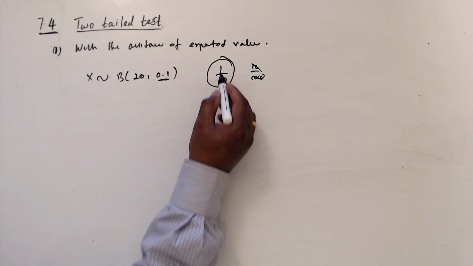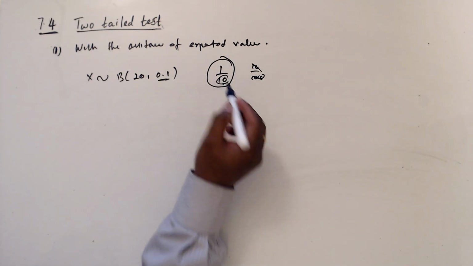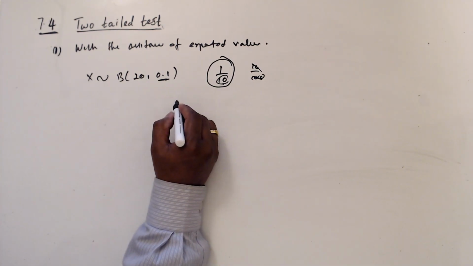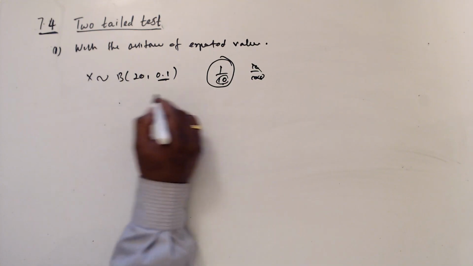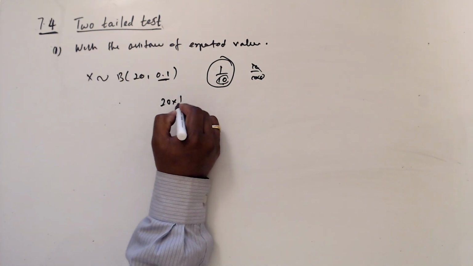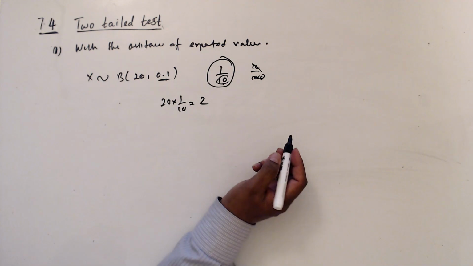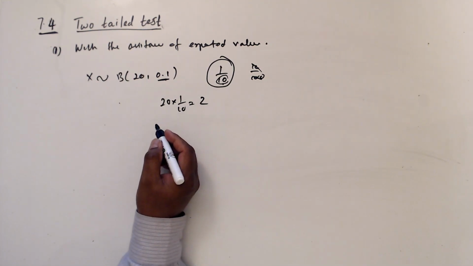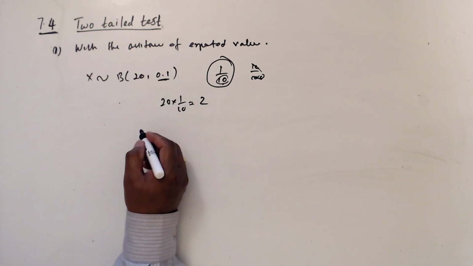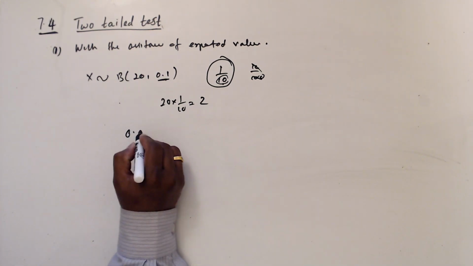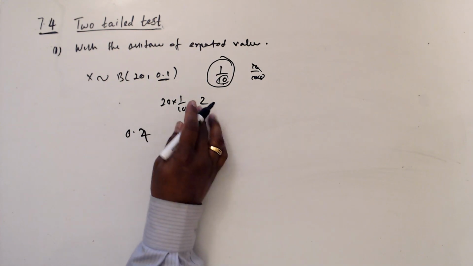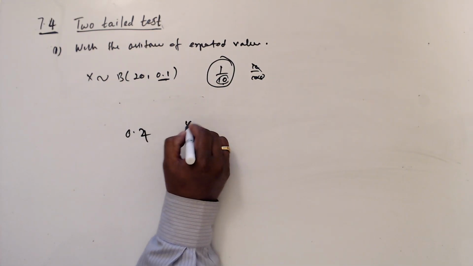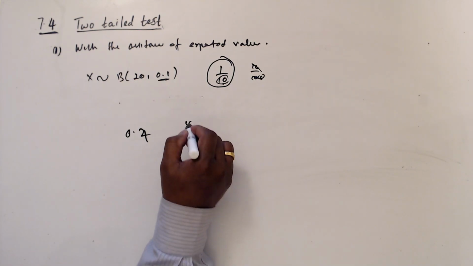So if it is 1 out of 10 for 10, then for 20 it is going to be 20 multiplied by 1 out of 10, which is 2. So this is the expected value. Another example: the probability of having a defective product is 0.4. What is the meaning of that? 4 out of 10. For 10 items, there are 4 defective.